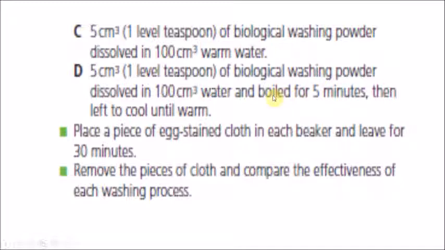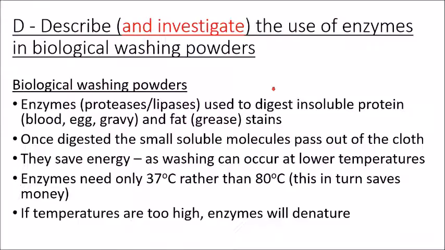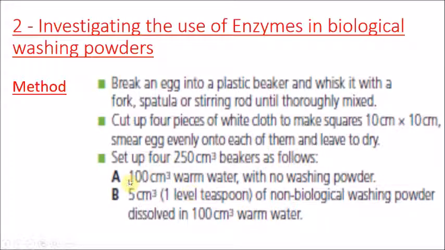So what happens in the end is this one, A, doesn't work, it doesn't remove the stains. The stains are very strong fat and protein stains. Without washing powder, you're not going to remove any. B works a little bit. The washing powder itself has got emulsifiers in there and chemicals that can break down some of the stains. C works the best.